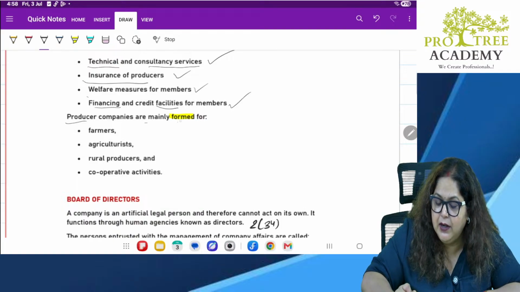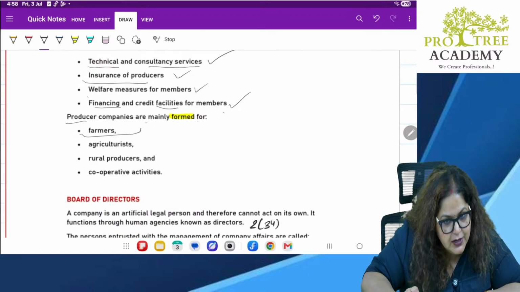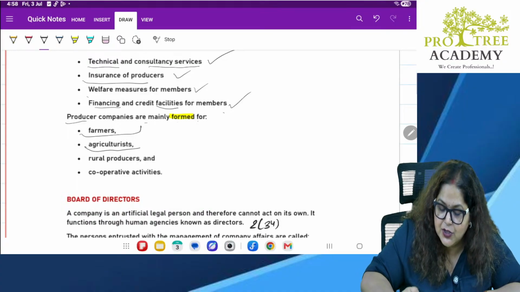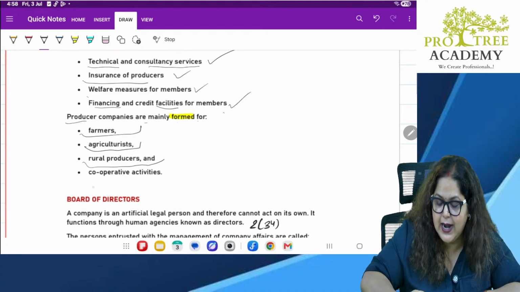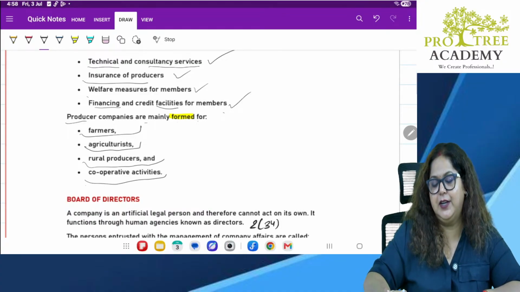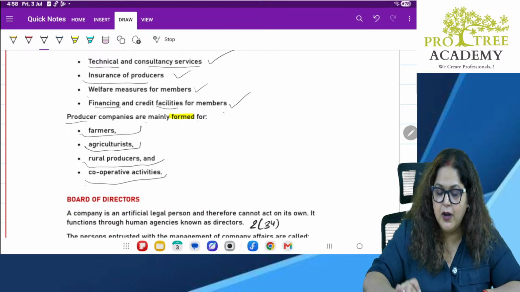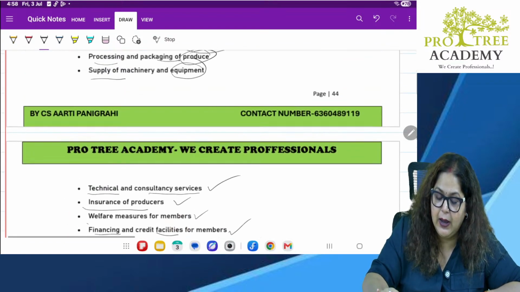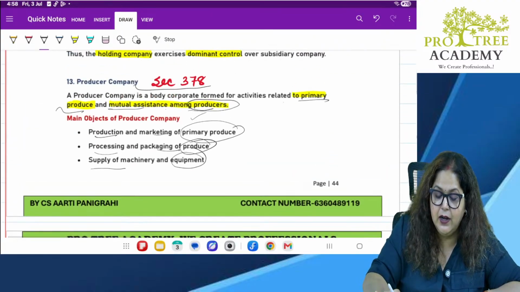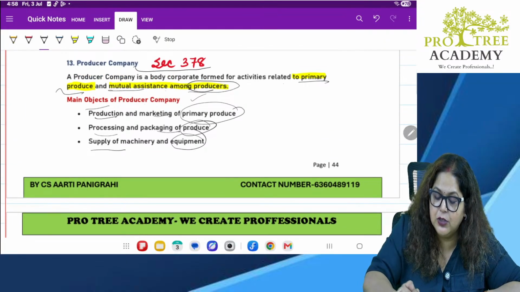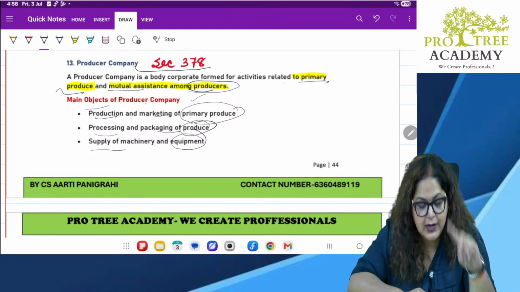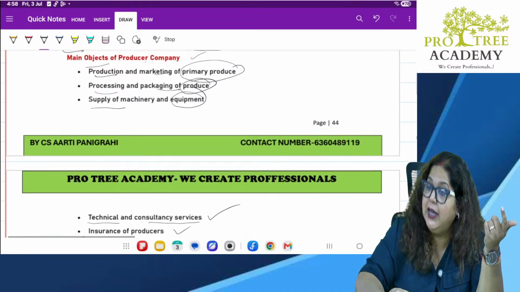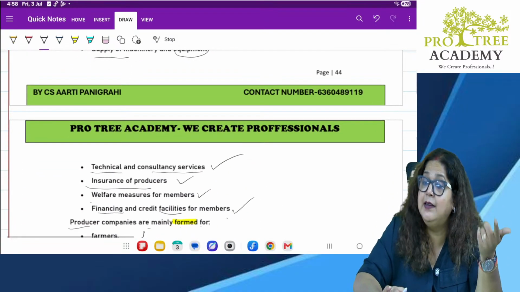Producer companies are mainly formed for farmers who are producing the primary product, agriculturists, rural producers, and cooperative activities. And what is the main object of the producer company? Production, marketing, processing, packaging of produce, supply of machinery, equipment, technical consultancy services.